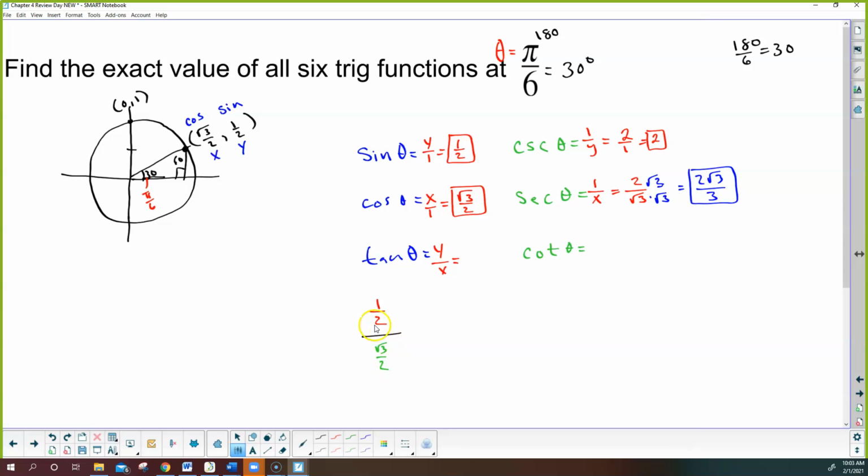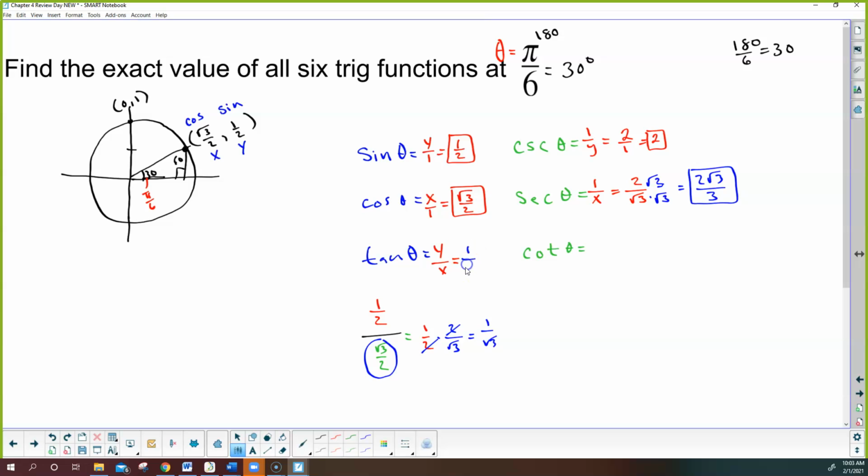If you do this enough, you know the 2's are just going to reduce out. But as you're still learning it, remember I do not like to divide by a fraction here. What I like to do is multiply by the reciprocal of this value. And when you do that, notice the 2's cancel out, and I'm left with 1 over square root of 3.